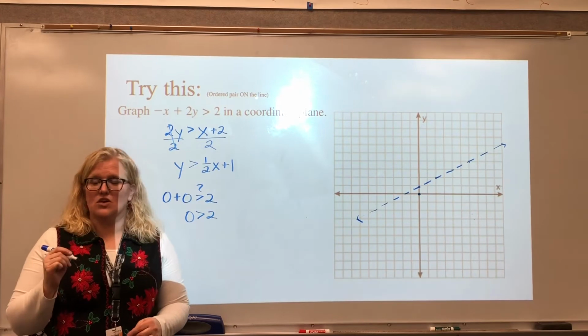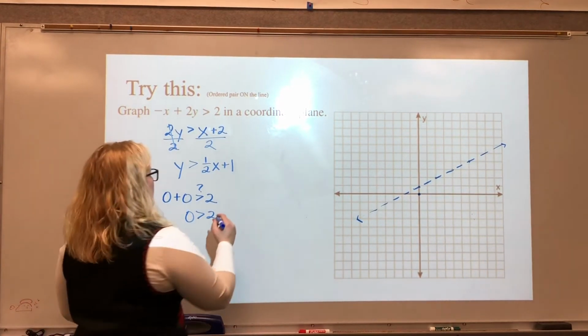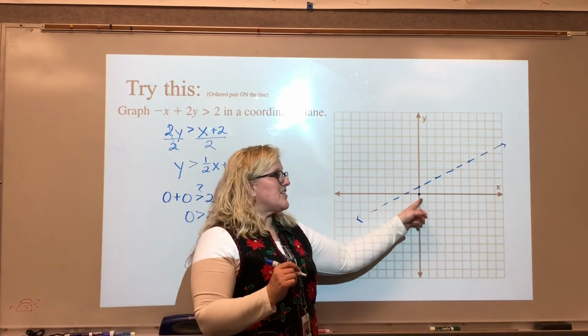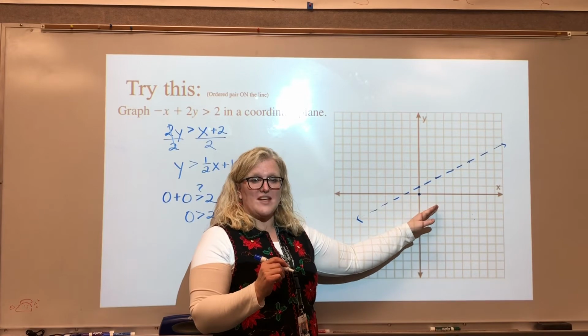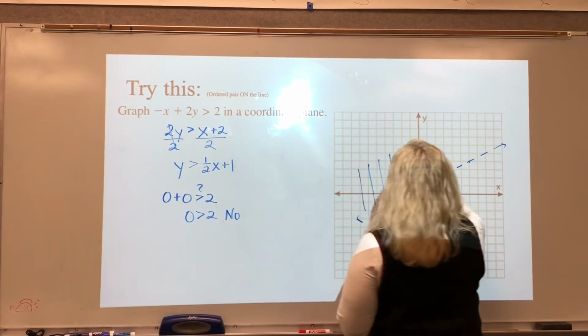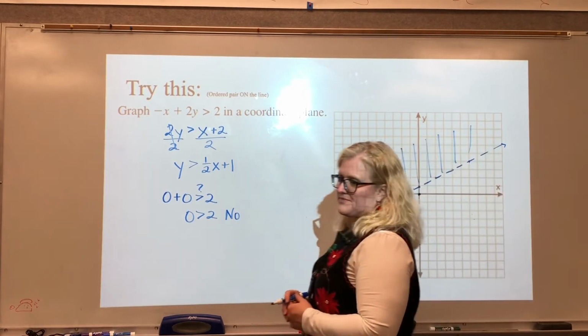Class, is 0 greater than 2? No. Good job. So that means that this is not part of my solutions. So I'm going to shade in the top part.